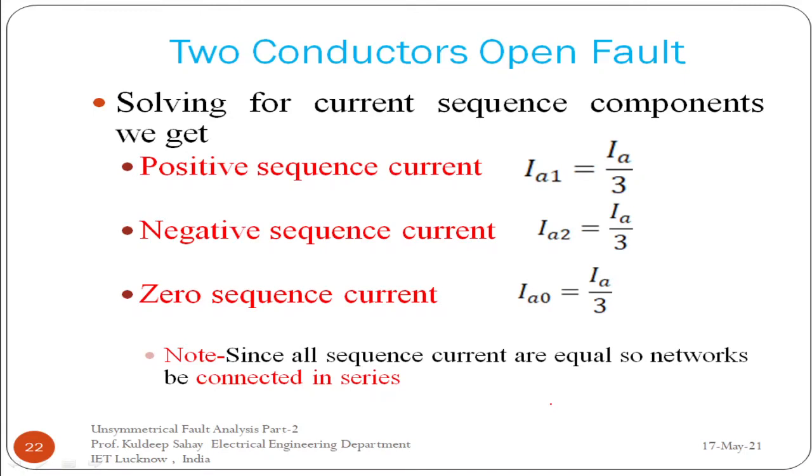Because these sequence currents are equal, it suggests that the interconnection of the positive, negative and zero sequence networks, in the case of a two conductors open fault, can be connected in series.